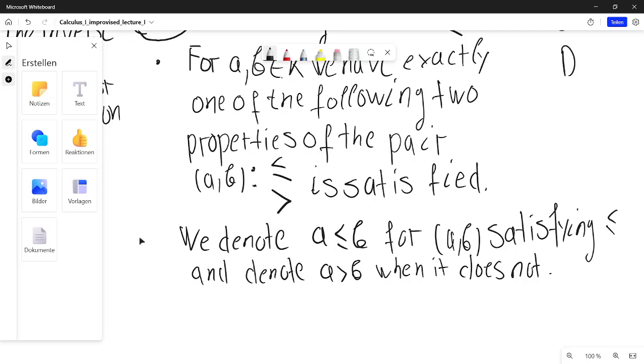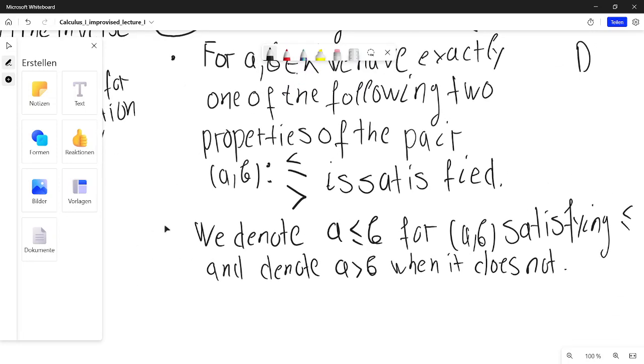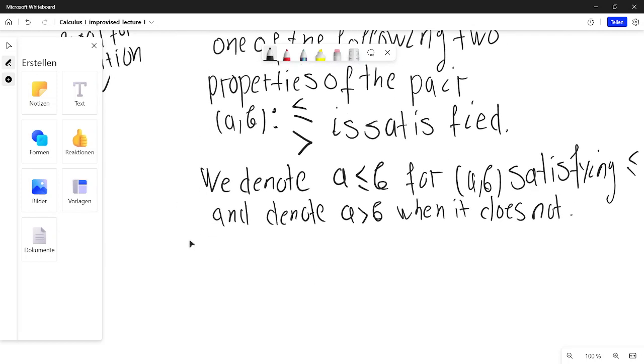We have to connect it with equality in some way, because for now it is completely disconnected.